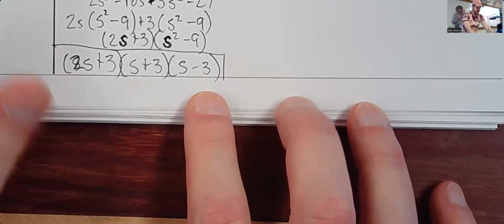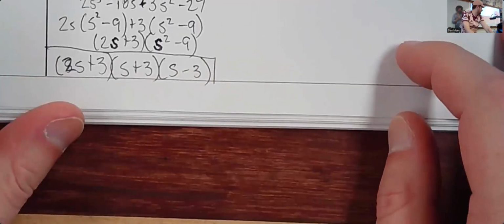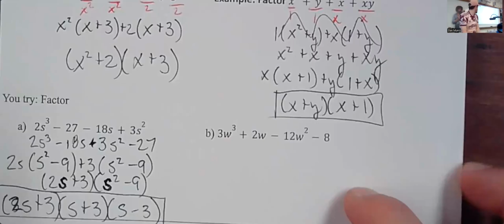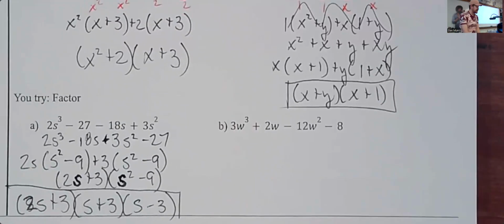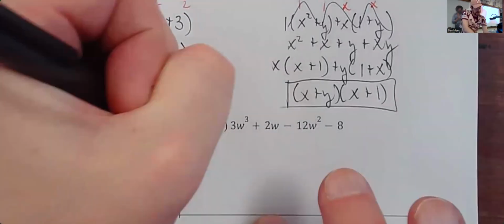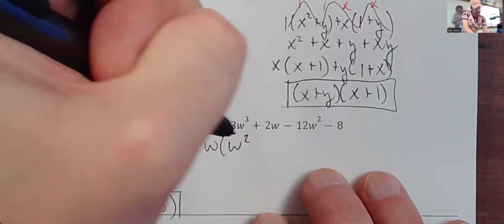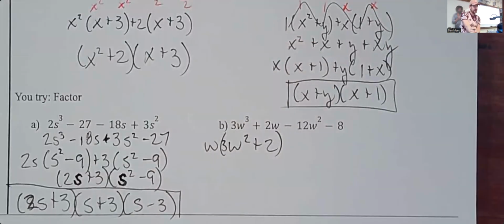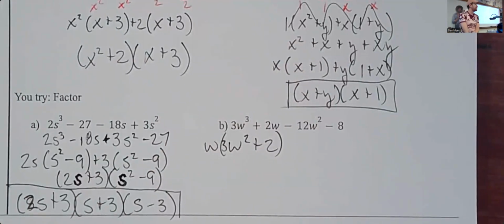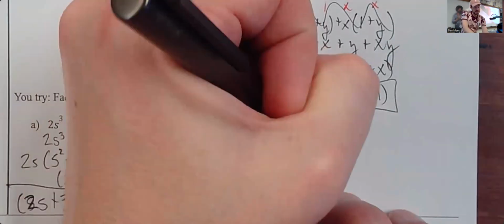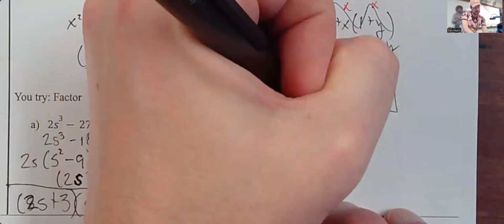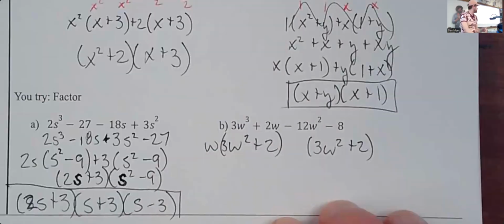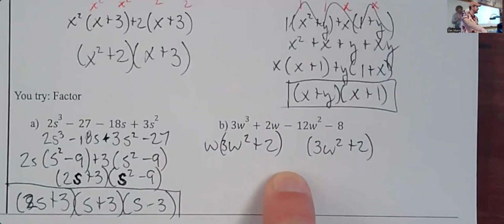All right, for B, you do not have to swap anything around for B. So let's see, these first two terms here have a common factor of W. So that's going to be W here, and then we're going to get 3W squared plus 2. And in order to make sure that we get the same second set of parentheses, I'm just going to leave a gap, and I'm going to write 3W squared plus 2 in that set of parentheses before I actually factor out the GCF.